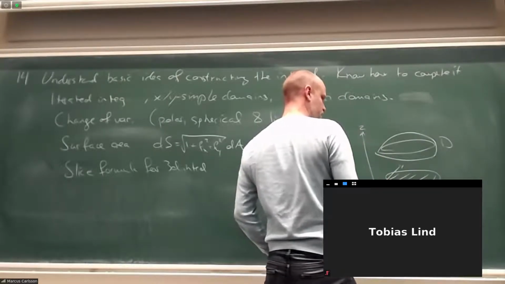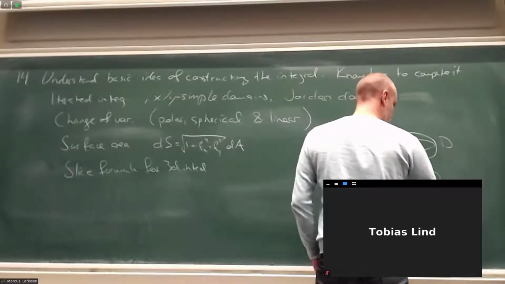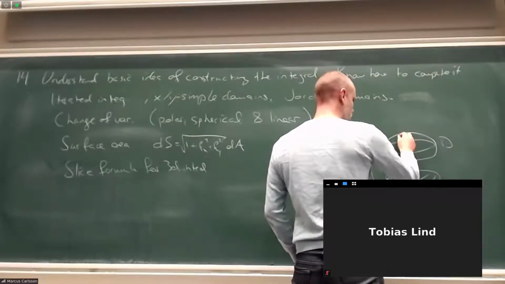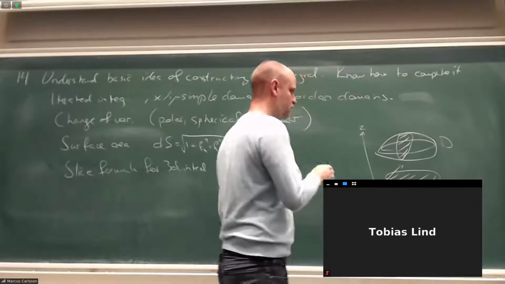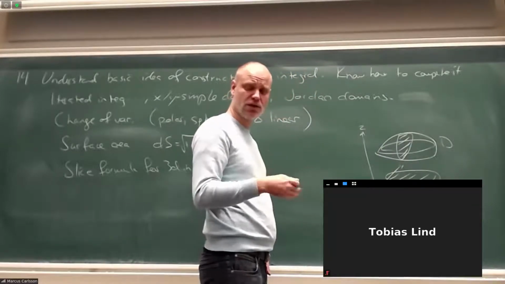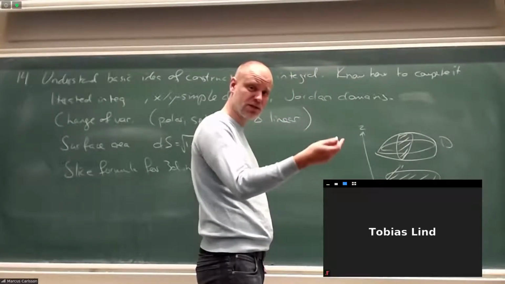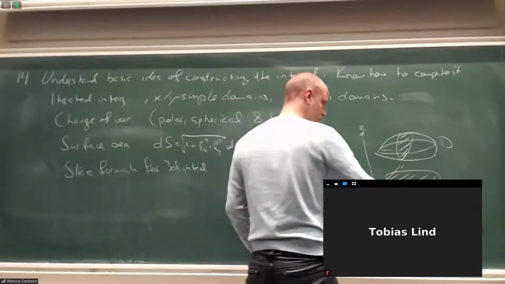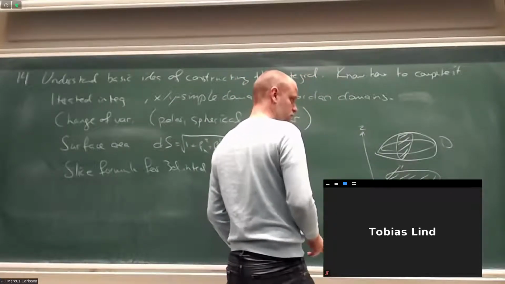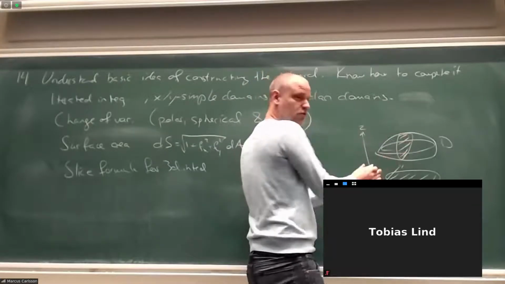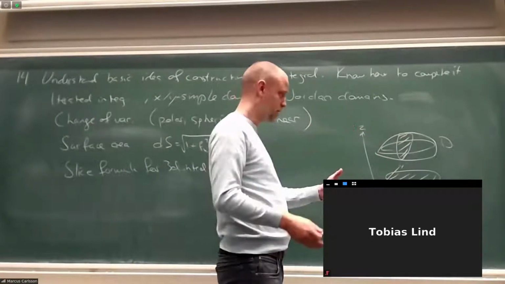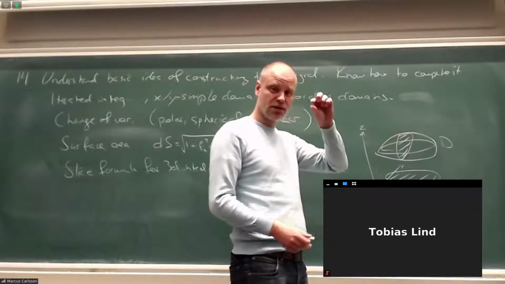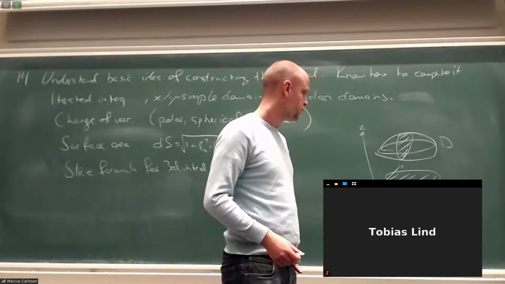So then the slice formula: you cut out slices like this, for example in the YZ direction, integrate over those slices in the YZ, and then you integrate over X. So you think of this as a loaf of bread, and you chop it up, and then you measure the area of each slice and the thickness of each slice, and you sum up.